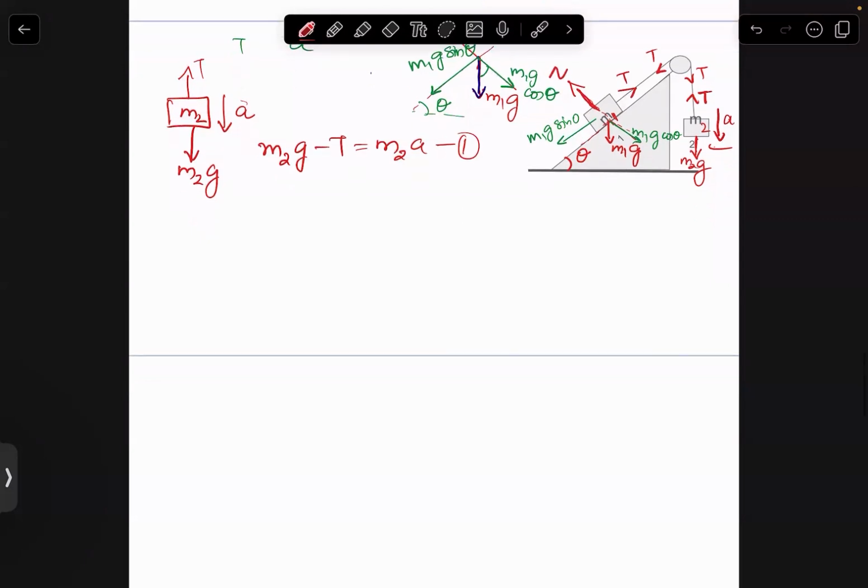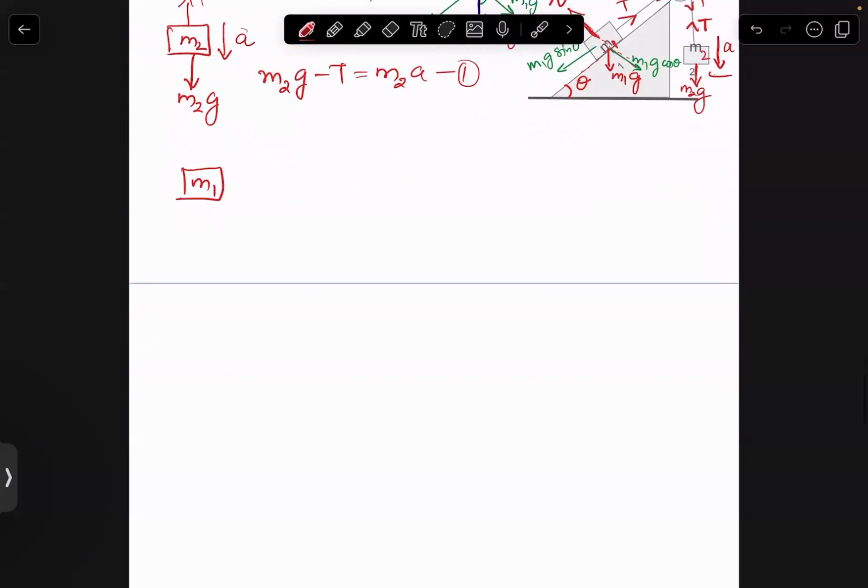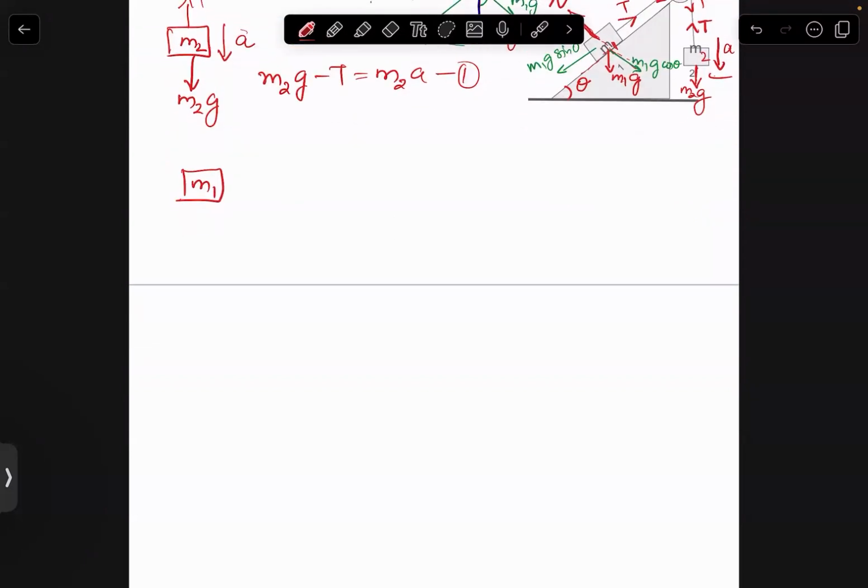And for the block M1, I'm drawing it straight. If you want, you can draw it in the same inclination also. This is the inclined plane over here.